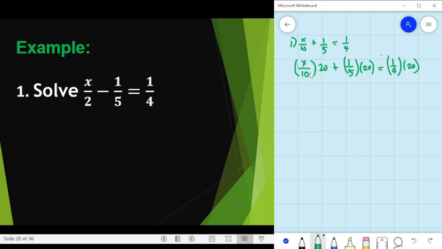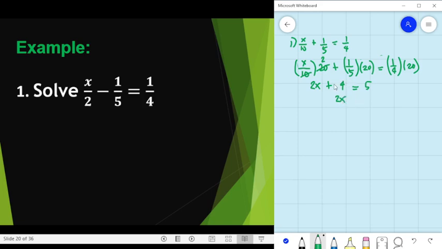For x over 10 and 20, they cancel, so what is left here is 2. So 2 times x is 2x, plus 20 over 5 is 4 times 1 is 4, equals 1/4 of 20. So 20 divided by 4 is 5 times 1 is 5.